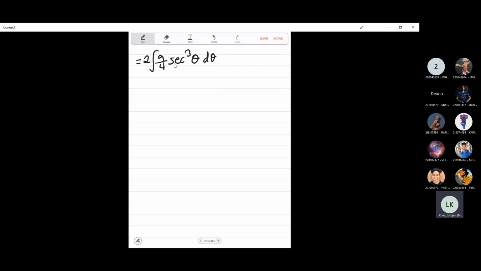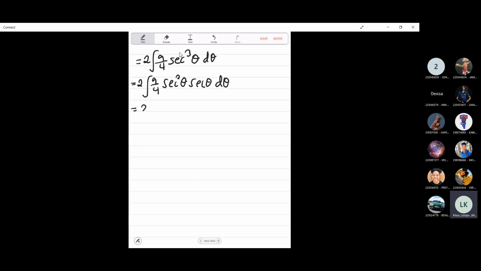And then, as usual, sec to the power of 3 of theta d theta we write as sec squared times sec. So this is 2, 9 over 4, sec to the power of 2 theta sec theta d theta.